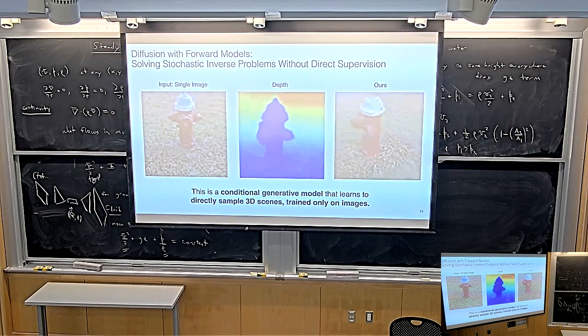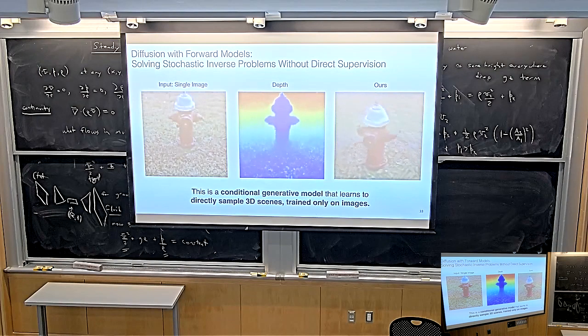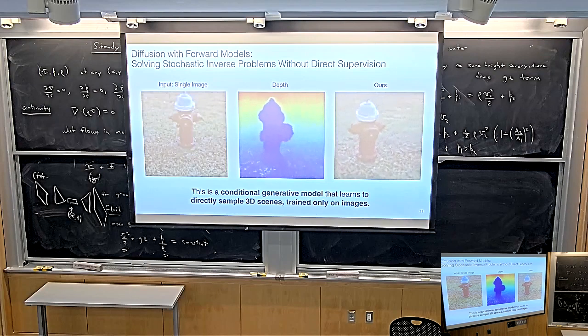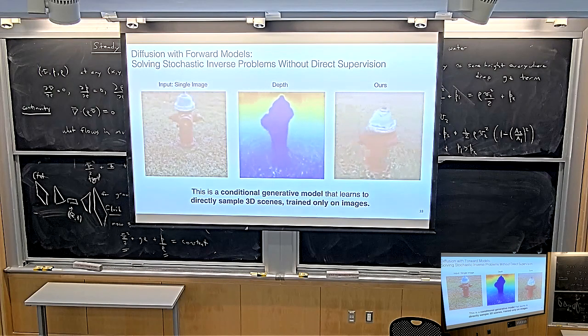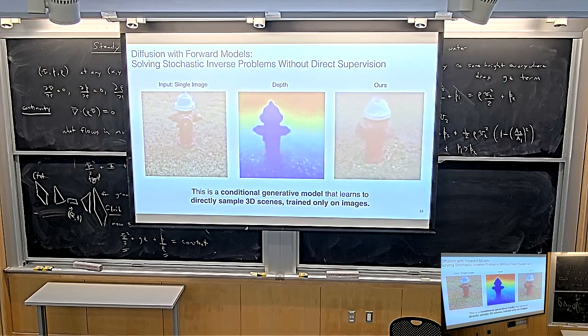You will get perfect renderings from every possible angle. The only reason why you wouldn't get this is if, for instance, the ground had actual 3D structure. So in this case, if the resolution of the image was much higher, and you could actually see the geometry of the ground, then you would probably get rid of this, because then the model actually has to get the 3D geometry of the ground right.